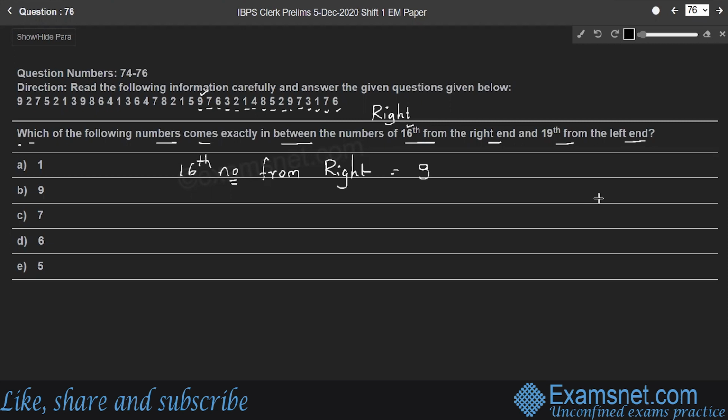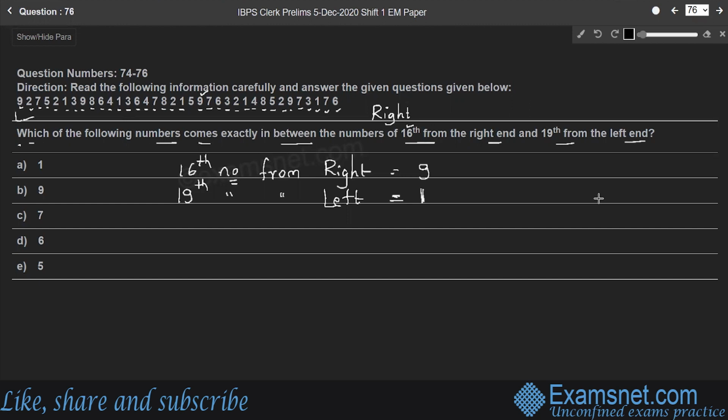Counting 1 to 19 from the left end, 1 is the 19th number.